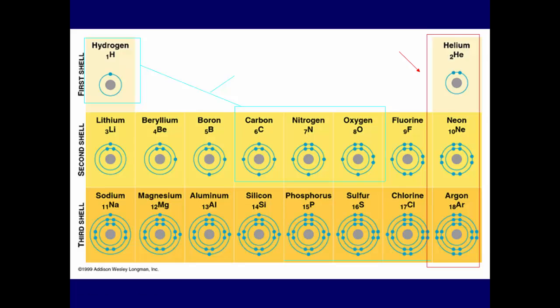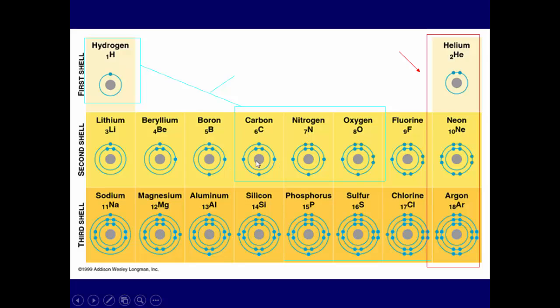But when these guys lose 2 electrons, they lose 2 negative charges, so they become positive 2 ions. And that's true over here as well. Okay? We have boron and aluminum. They only have 3 in that outermost shell, and they tend to want to lose it.